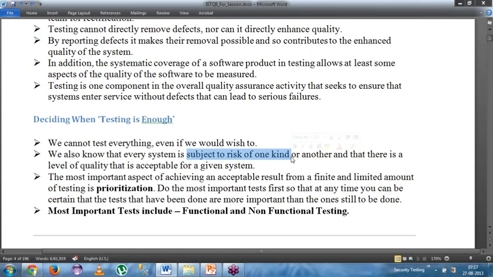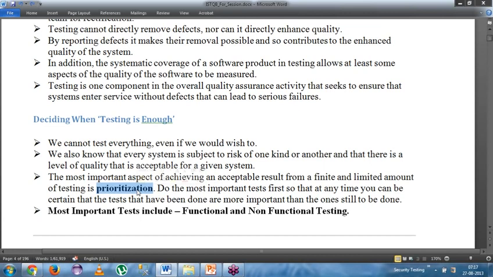Alright, and the most important aspect of achieving an acceptable result is that we need to divide and rule. In the sense, a finite and limited amount of testing is achieved by prioritizing your tests. Prioritization is one of the key factors: what you need to test first.